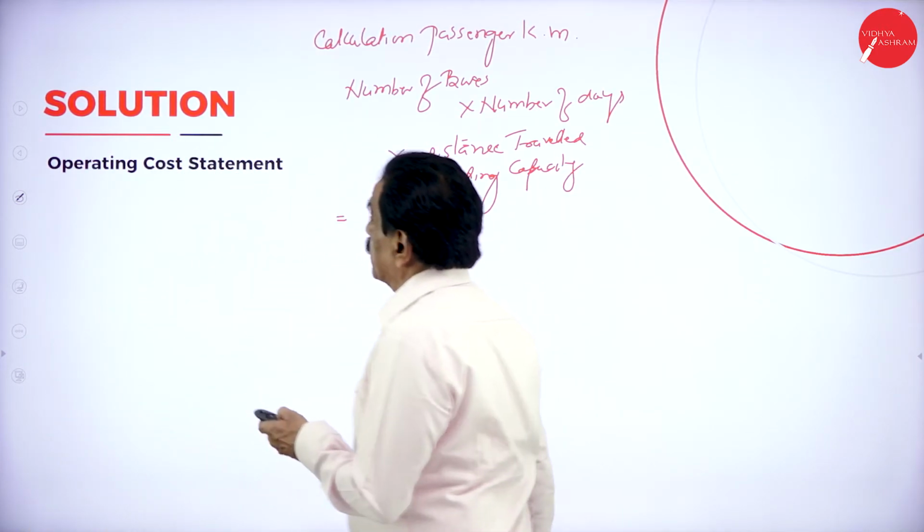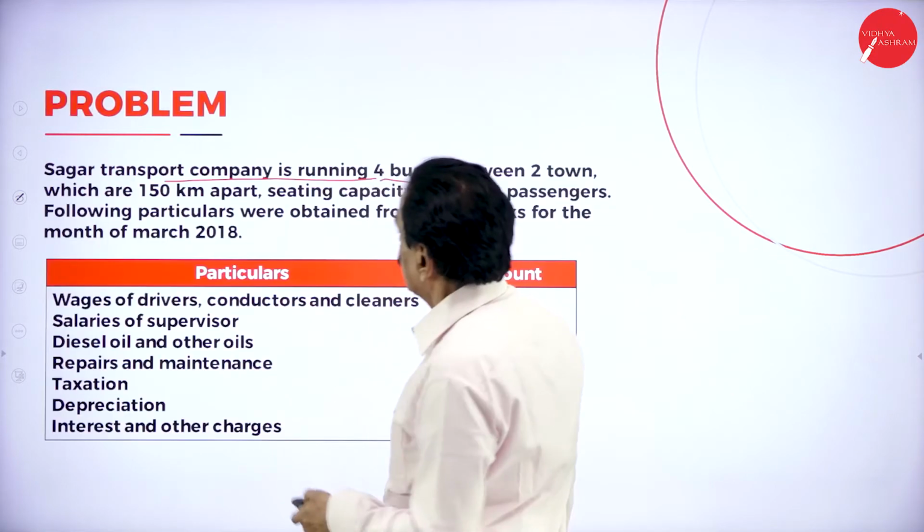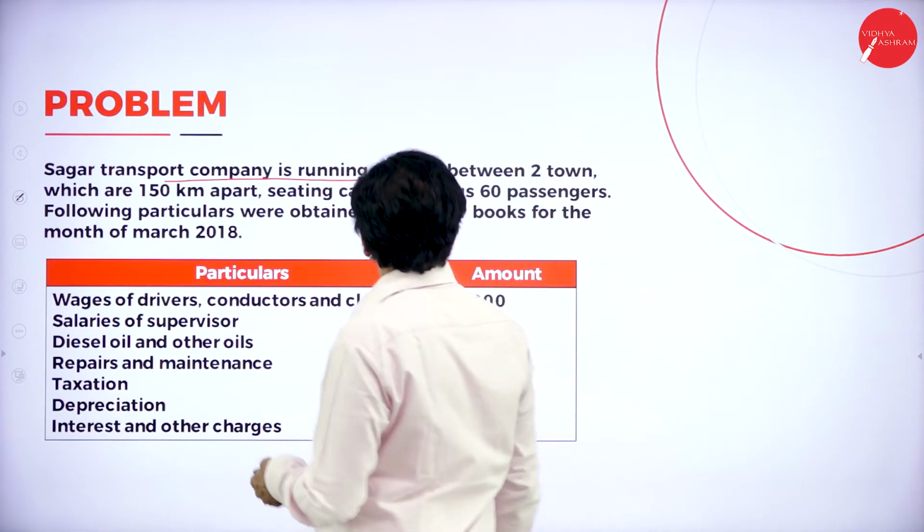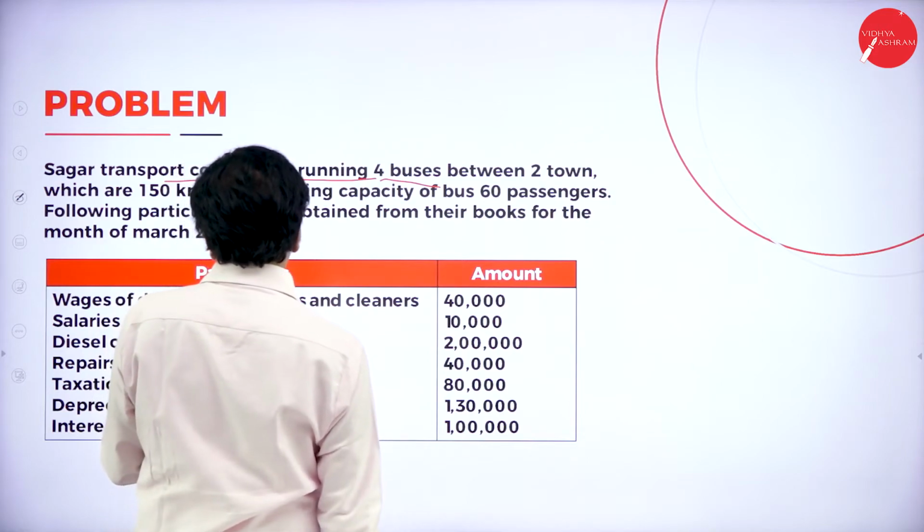How many buses are there? See that? Here, how many buses are there? 4 buses between the 2 towns.